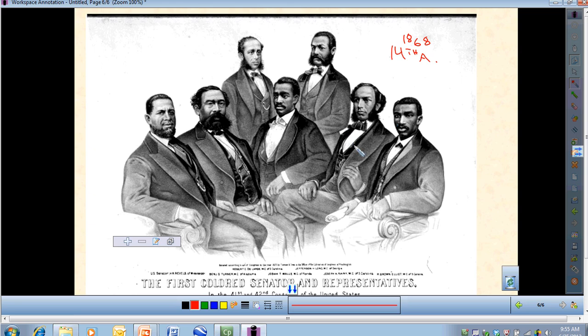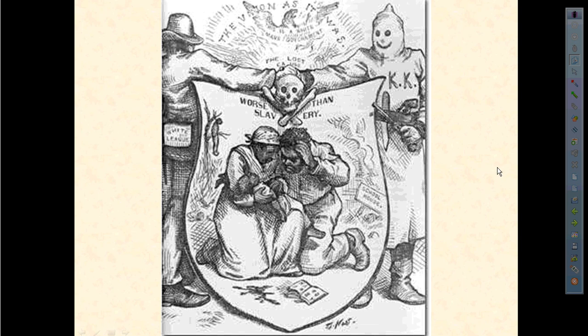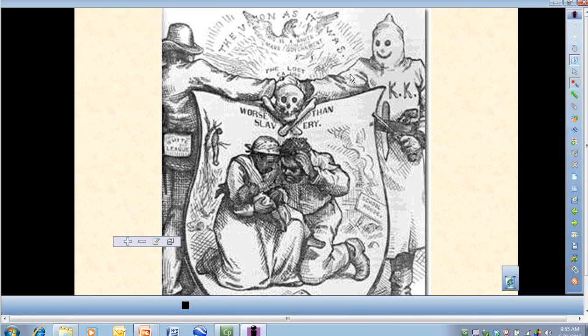And here you see something that was very encouraging. The first colored African American senator and representatives. Why do you say they were the first? Why did it have to wait until the Reconstruction time period? Well, before this time period, before the passage of the 14th Amendment in 1868, African Americans were not even considered citizens.